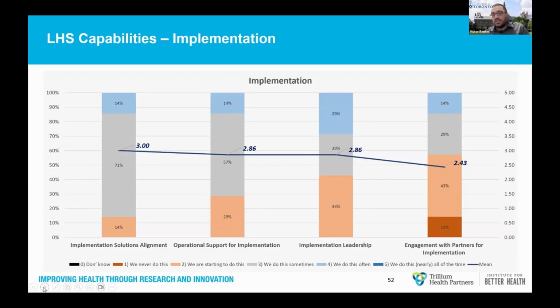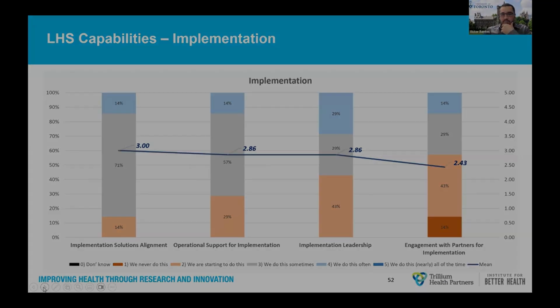And then the fourth one is engaging with partners for implementation. I think that is the question that most aligns with the poll, and 2.3 in that, and we have 14% of people in this pilot test sample indicating that we never do this. So that could also mean an opportunity to focus on ways that we could engage partners a little bit more during implementation initiatives.